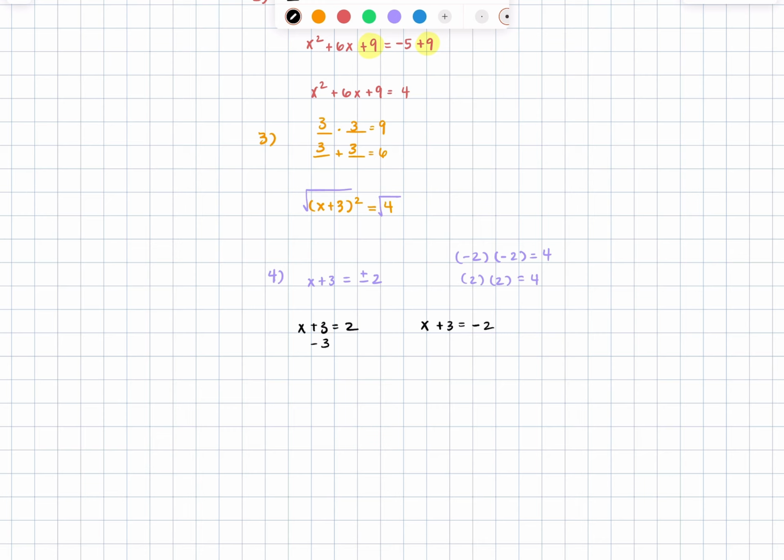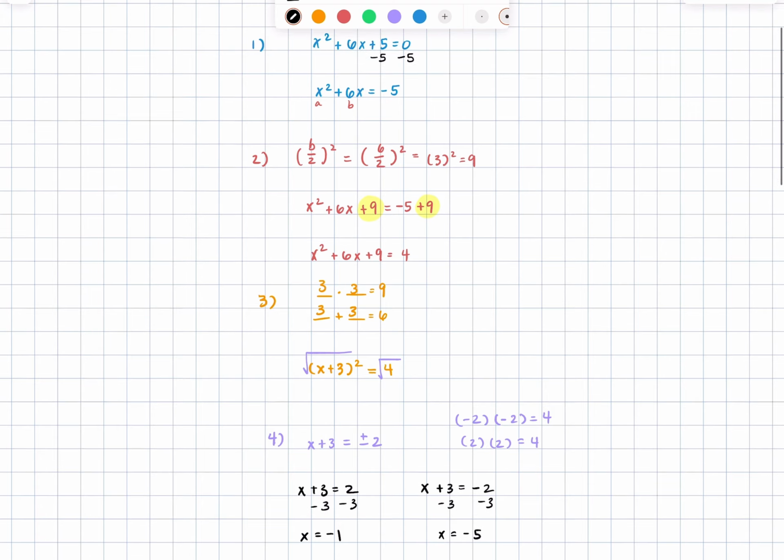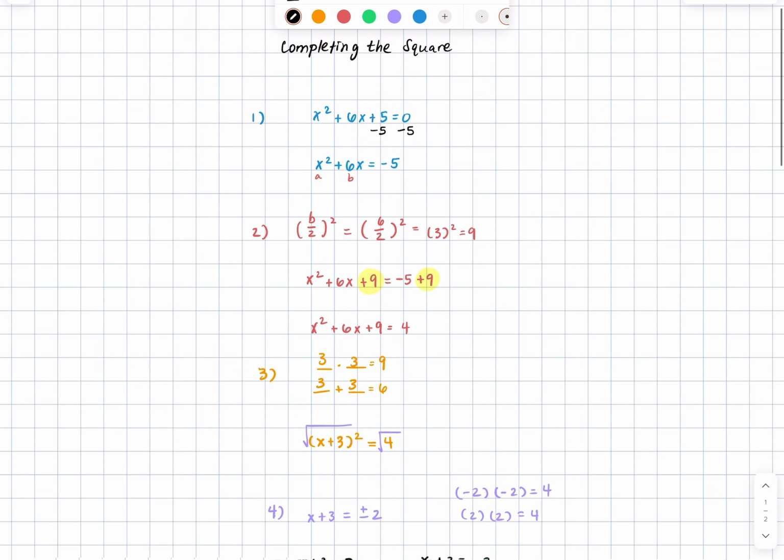Subtract 3 on both sides for this one, and I get x equals negative 1. For this side, subtract 3, and I get x equals negative 5. So now that I have x equals negative 1 and negative 5, I know that these are my answers, or my solutions for x for this equation over here.